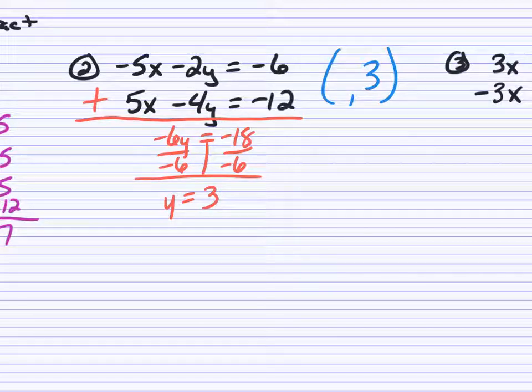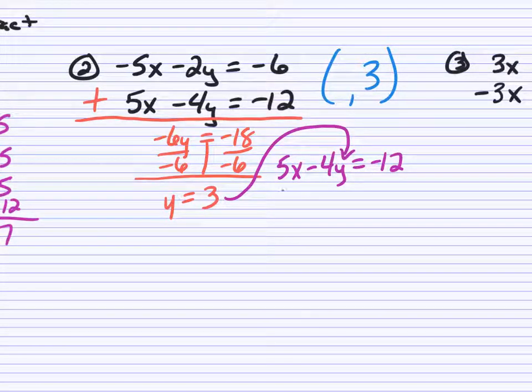We always have to go back and get the other variable. Which equation, the top or the bottom, looks easier to you though? Bottom? So it doesn't matter, you're going to get the exact same answer either way. Y is 3, so I'm going to plug a 3 in for the y. And negative 4 times 3 is negative 12.